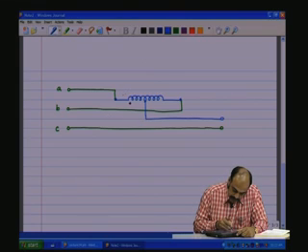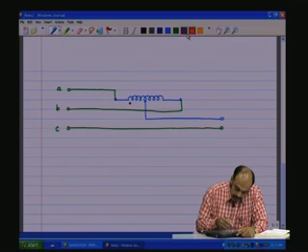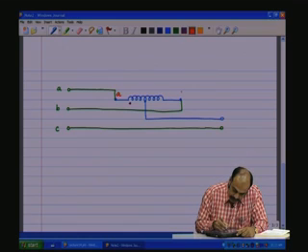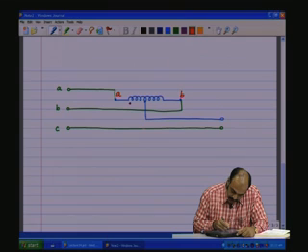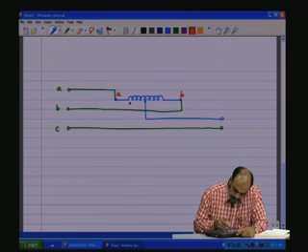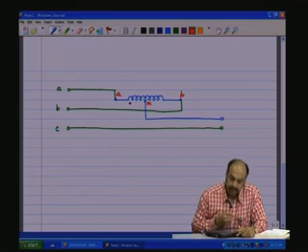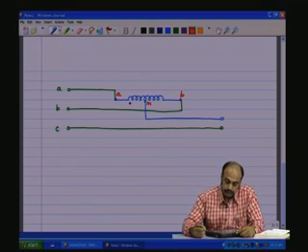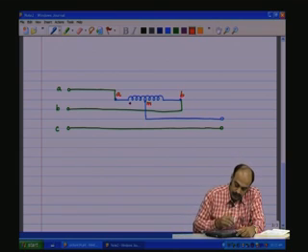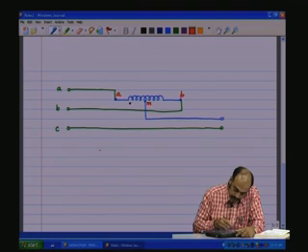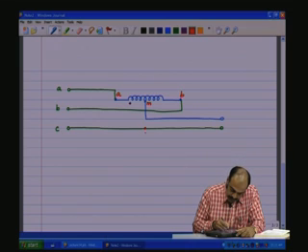Now, this of course is A, this is B, and this point we will call M. Let me make a dot here, and this is C.